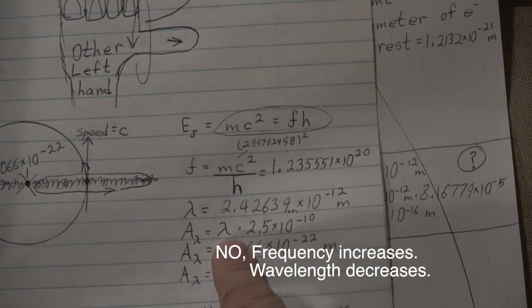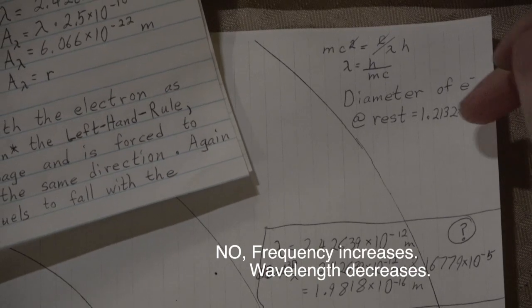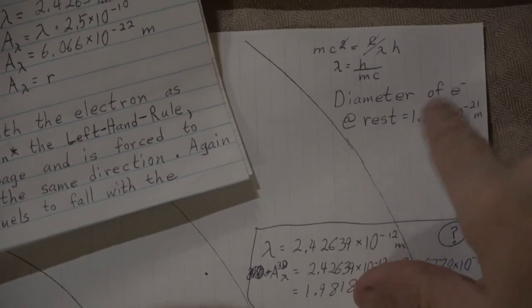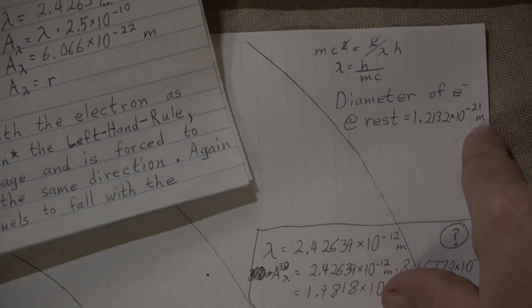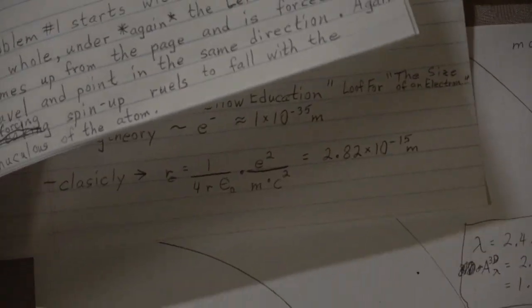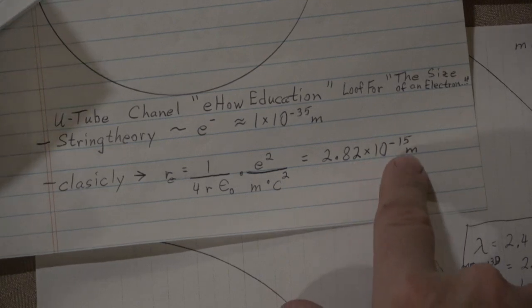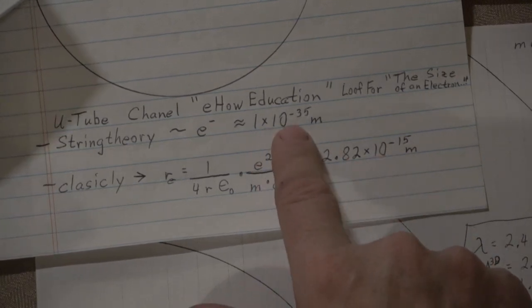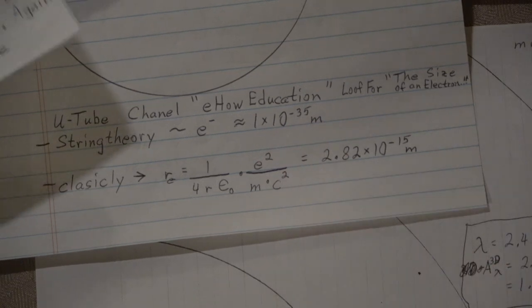As the velocity increases, yeah, your wavelength will increase. So coming up here, the diameter at rest is 1.2132 times 10 to the minus 21 meters, versus the YouTube diameter numbers, which are 2.82 times 10 to the 15th and 1 times 10 to the minus 35. So there's a lot of possibilities.